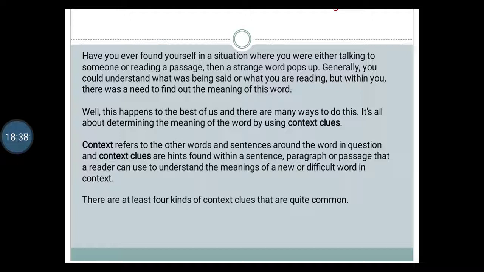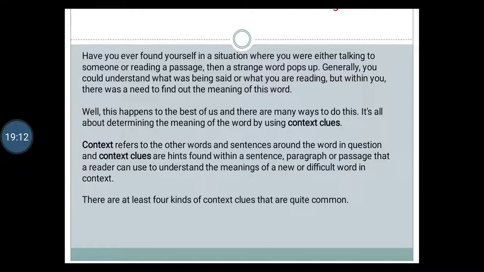So I told you earlier on that context refers to the other words and sentences around the word in question. That's the context in which your word was used. Context means, okay, these are the words. How do these words in this environment of the word in question help me to understand the word that is strange to me? That's context. And then context clues are hints. There are some hints sometimes put in these words and in the sentences around this word.